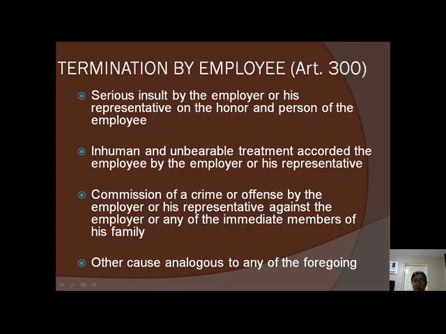So, termination by employee: if there is a serious insult by the employer or his representative on the honor and person of the employee; inhuman and unbearable treatment accorded to the employee by the employer or his representative; commission of a crime or offense by the employer or his representative against the employee or any of the immediate members of his family; and other causes analogous to any of the foregoing. So in other words, the employee can terminate himself or herself due to these reasons.